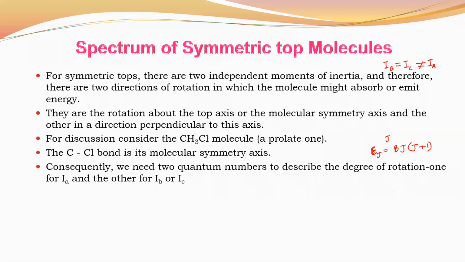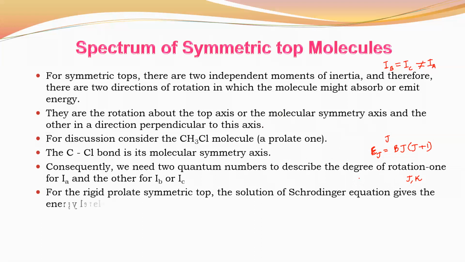In a similar way, here there are two independent directions of rotation, so we have to use two quantum numbers. Let them be J and K. To obtain the energy values in the atomic or molecular case, we must use the Schrodinger equation.